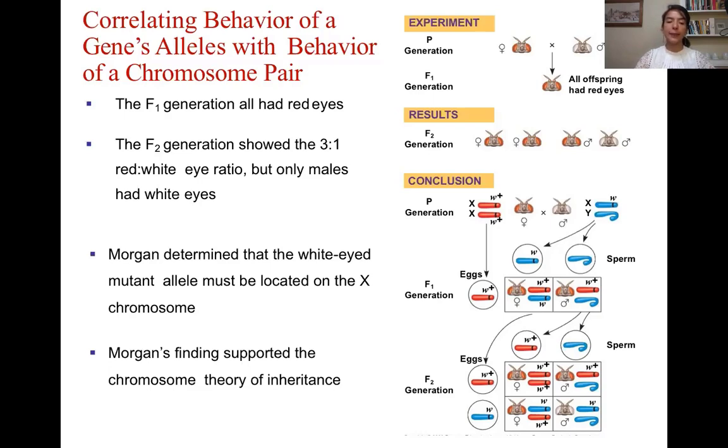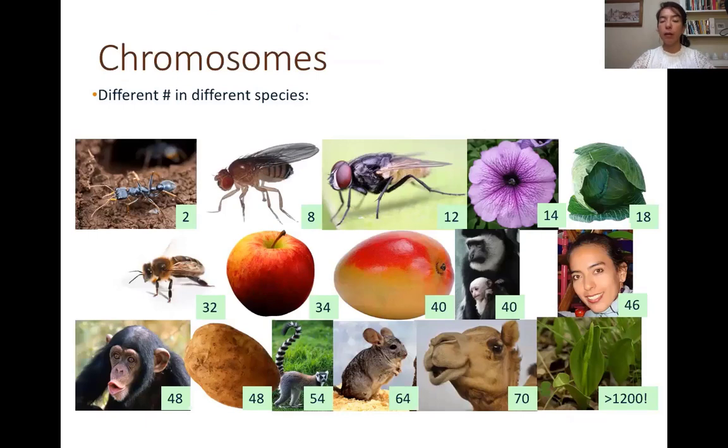The number of chromosomes and the size of chromosomes are very different and very diverse among species. For example, some ants can have 2 large chromosomes, and we can go through all of these. Some brassicas have 18, bees have 32.